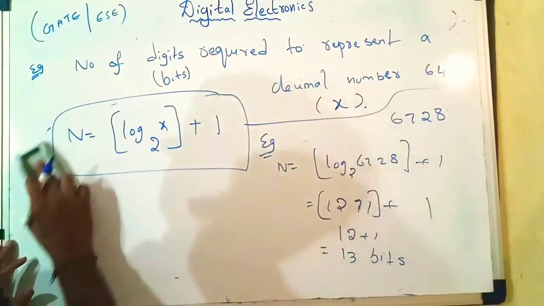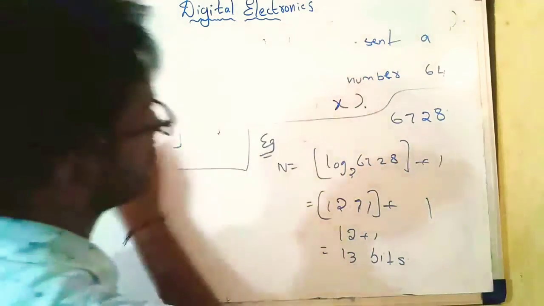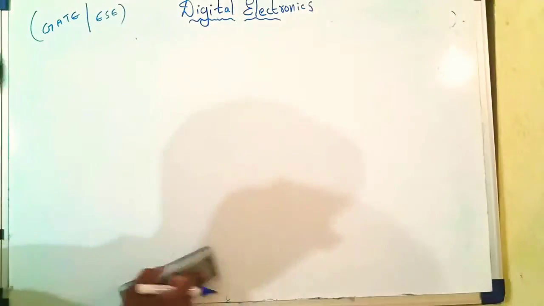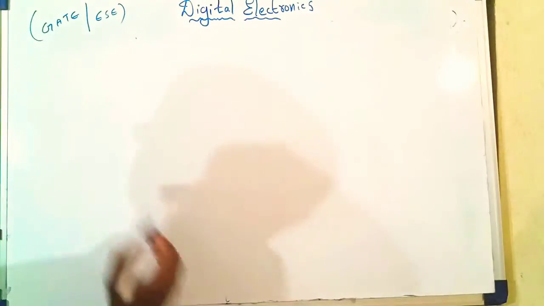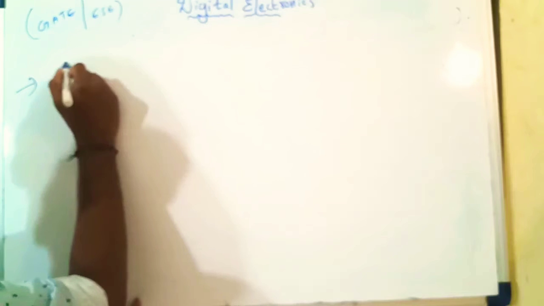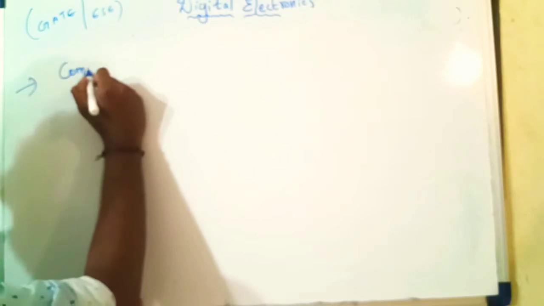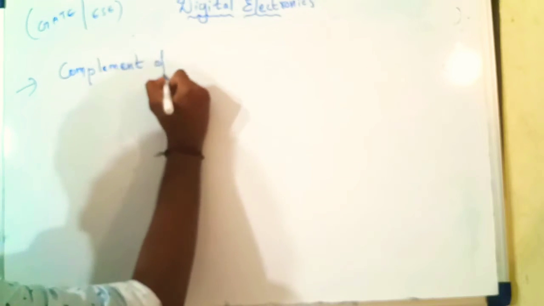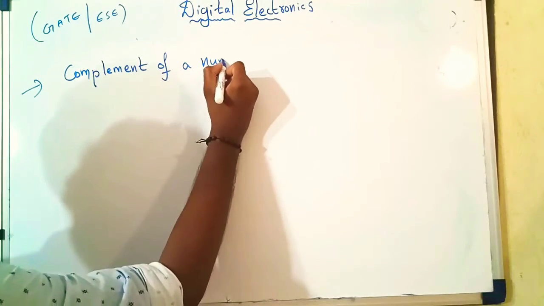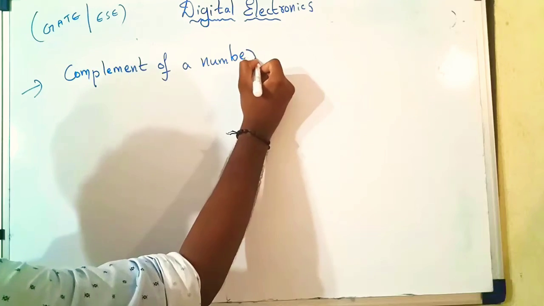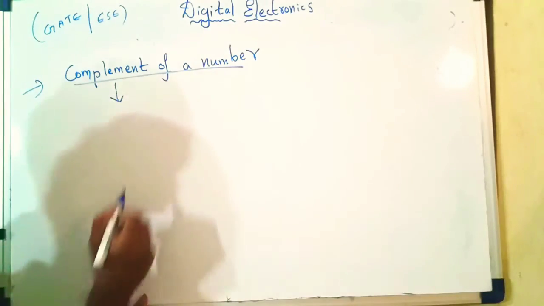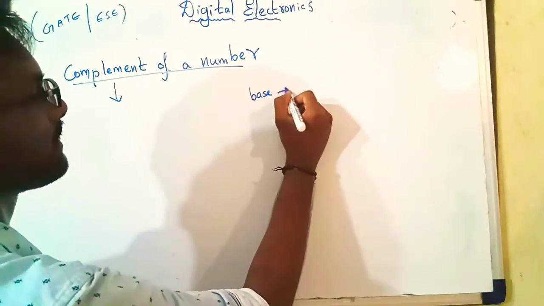This is all for this. Now we will see how to calculate the complement of a number. There are two complements. Let us take the base value r.